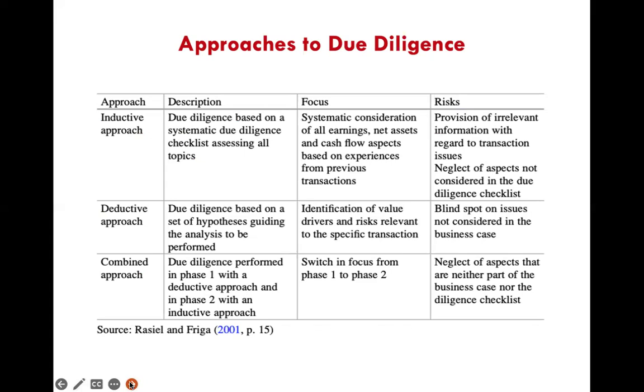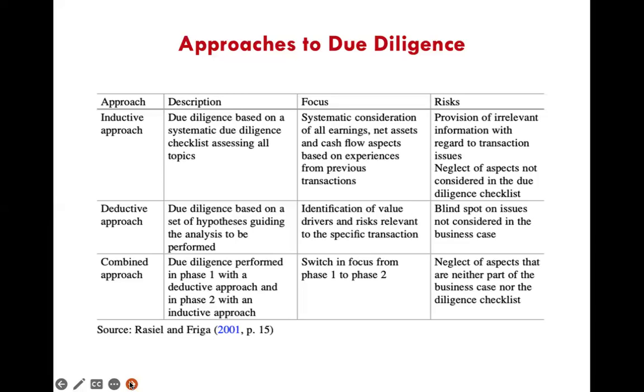So it may be the level of cash flows, the net asset values, and so on, right? And so the deductive approach to due diligence seems to be more focused, right, on specific variables as compared to an inductive approach.